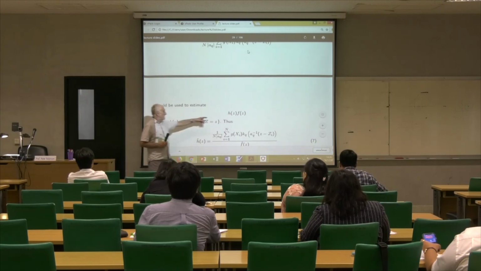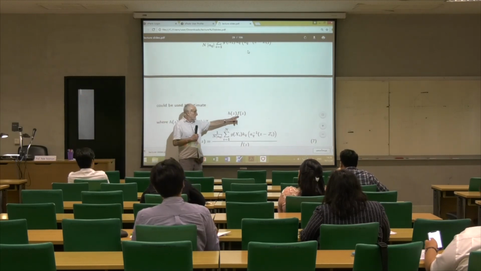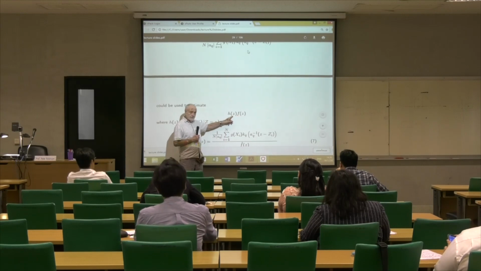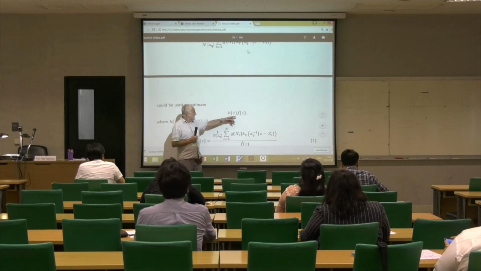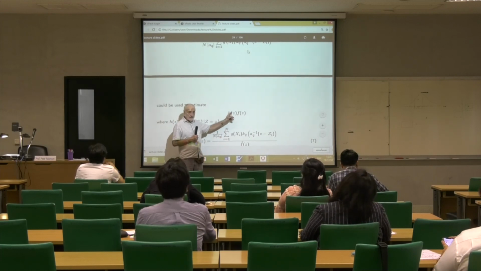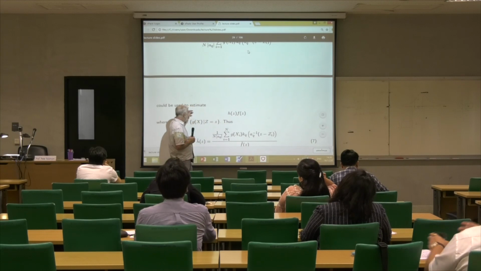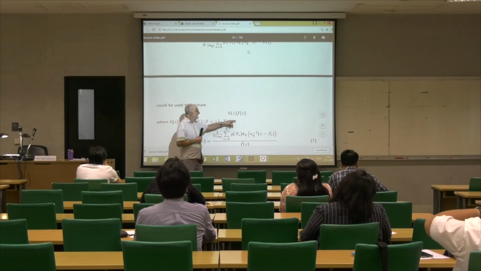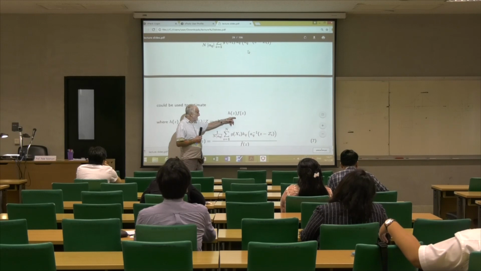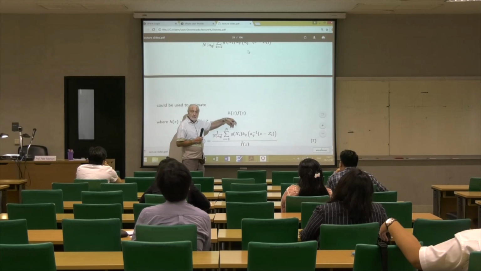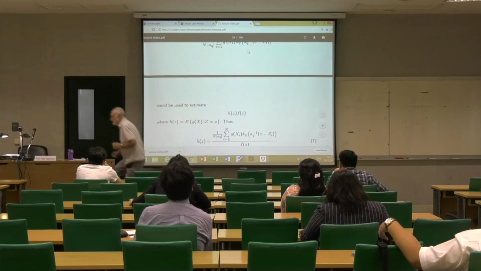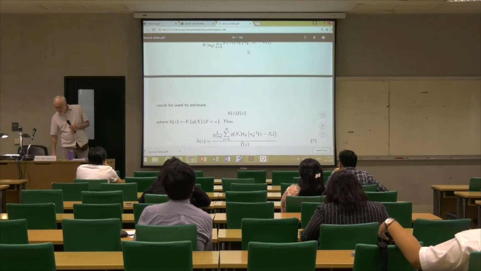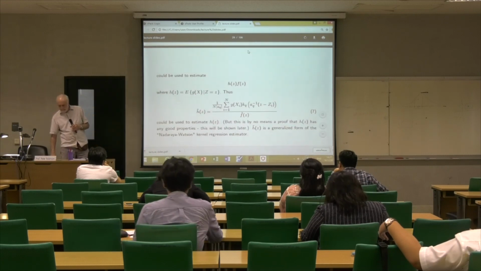We're not really interested in this quantity, we're just interested in estimating h of z. So what would we do? Well, obviously we would divide this, after putting hats on here, we'd have the estimate of the numerator divided by the estimate of f of z, so we get a cancellation, at least approximately in the limit.